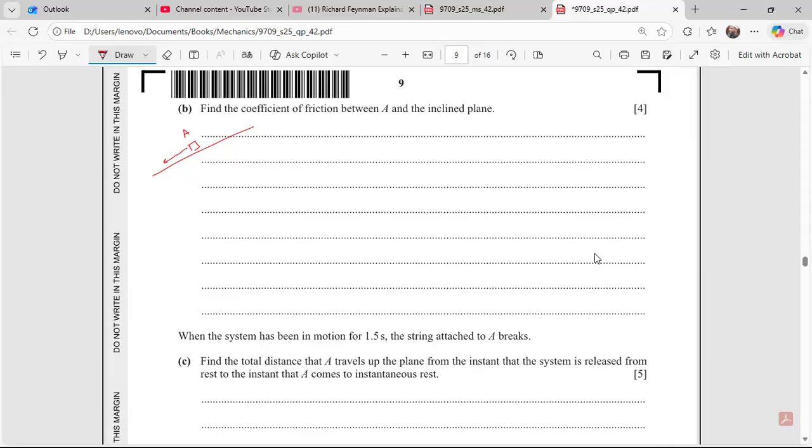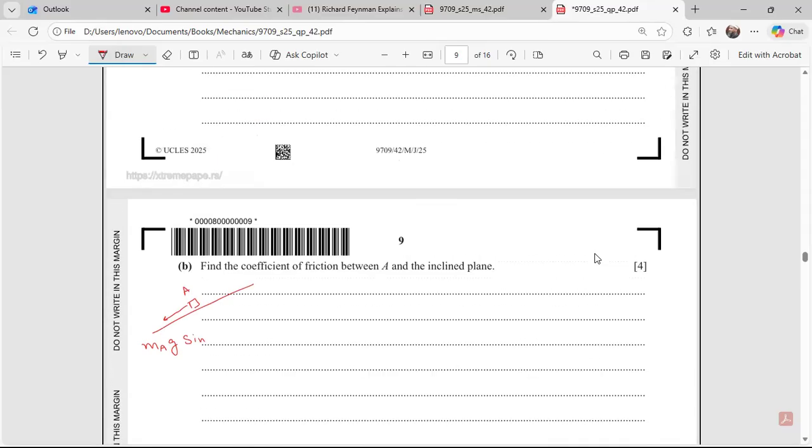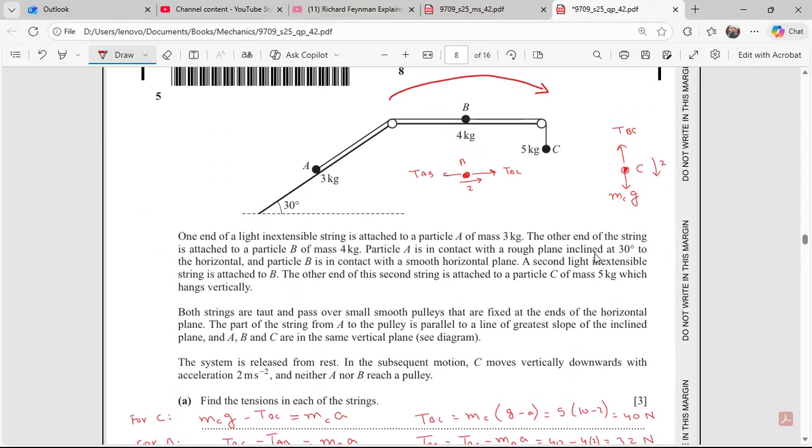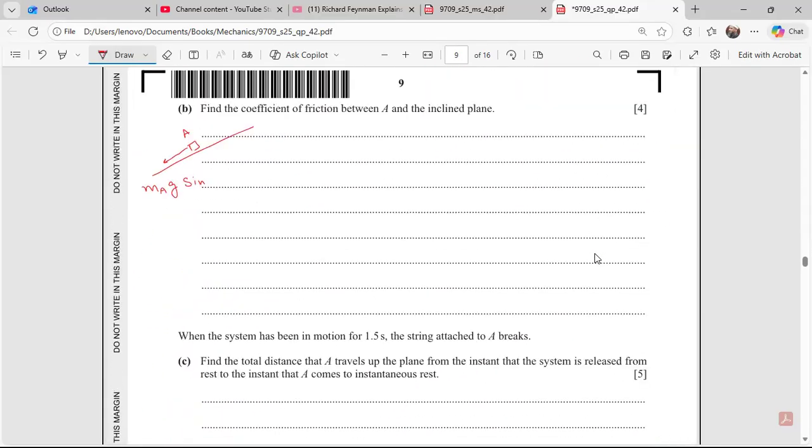You remember this component is mg sine theta. So I will say MA into g into sine of 30 degree. The angle of this inclination is 30 degree, yes. So this is the force which is trying to slide it down.